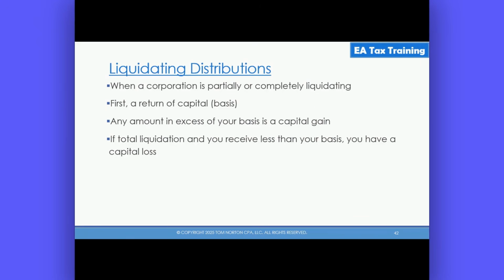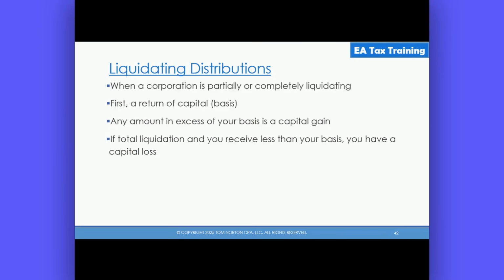So, for example, let's say you bought some stock for $1,000. The company's going out of business, they're liquidating, and so they make a liquidating distribution of $1,500. The first $1,000 of that is not taxable. It is just a return of your $1,000 that you invested. The excess over that amount is a capital gain because it's like you sold the stock at a gain.